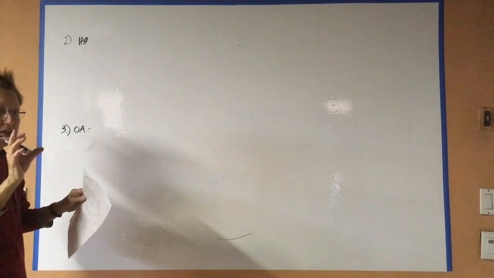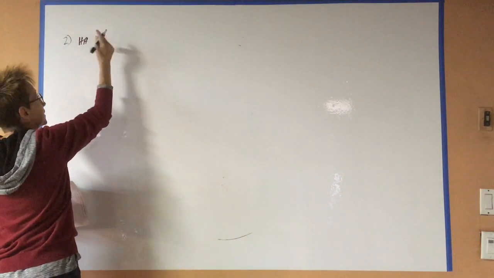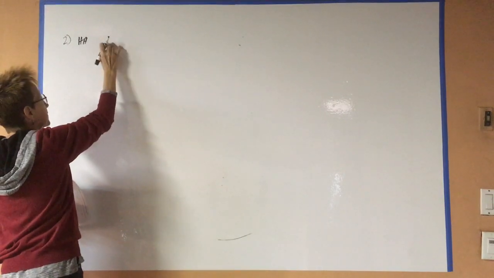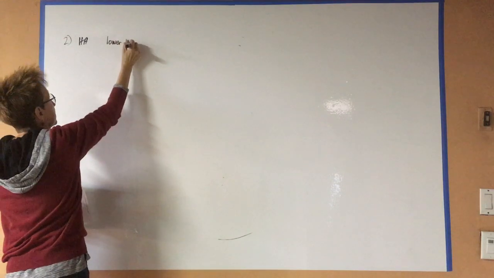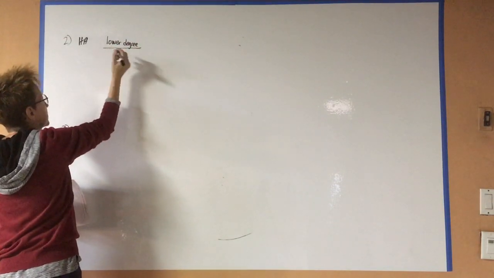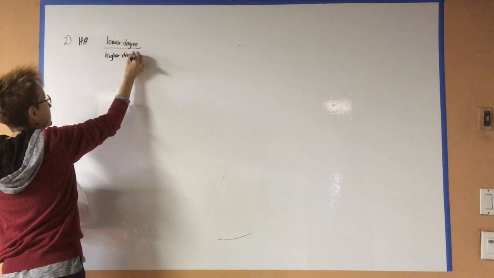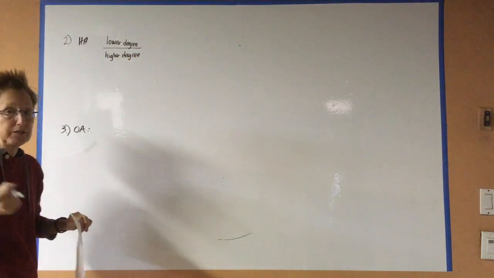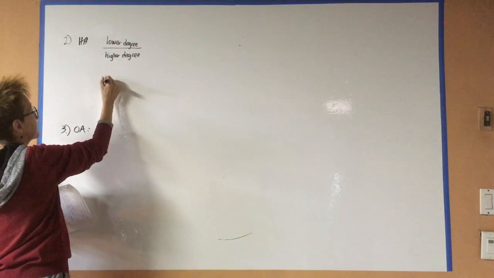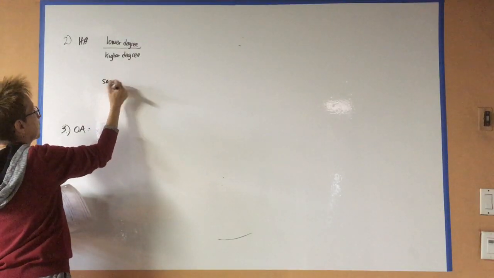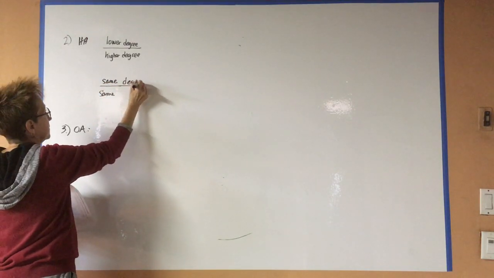So there's basically 3 options. The polynomial in the numerator could be a lower degree, or the polynomial in the numerator could be a higher degree. So we're going to compare the degrees of the polynomials in the numerator and the denominator. You could have same degrees, so instead of lower over higher, you could have same degree over same degree.